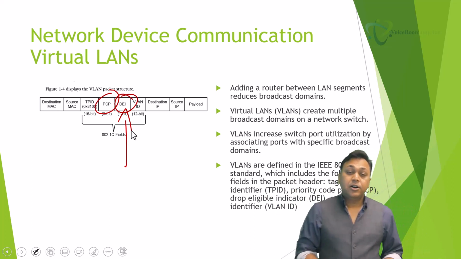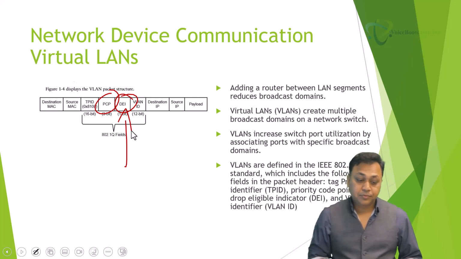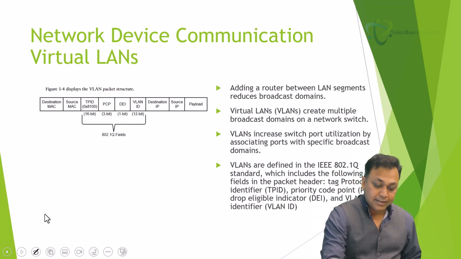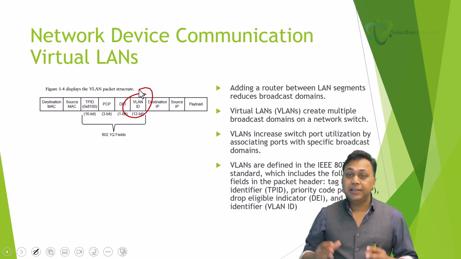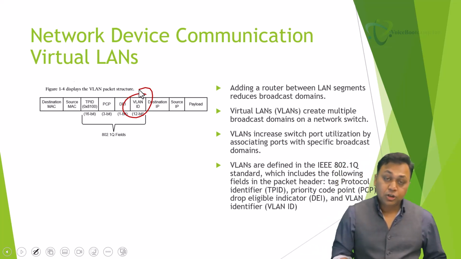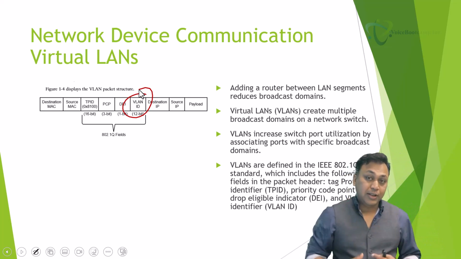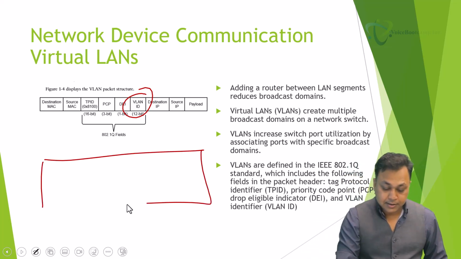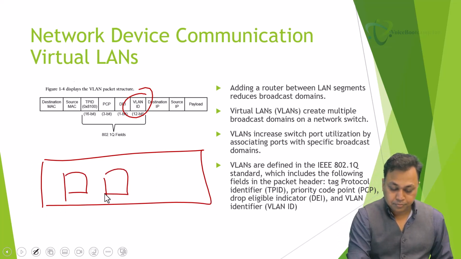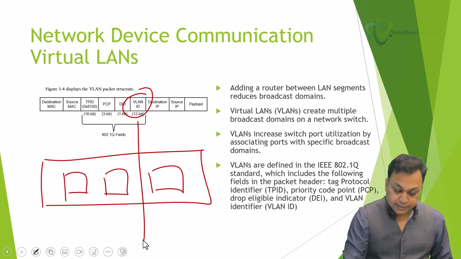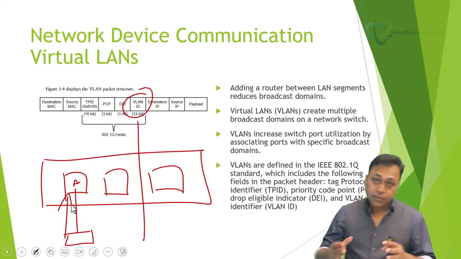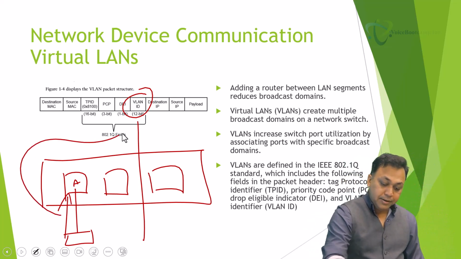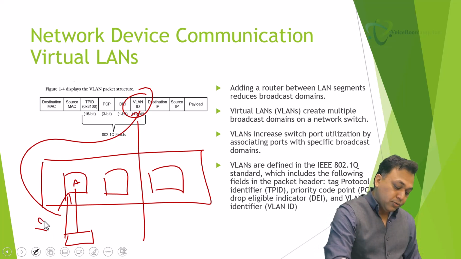The VLAN identifier has only 12 bits. The last field is called the VLAN identifier, or VLAN ID. It's a 12-bit field that specifies the VLAN associated with that packet. So if I am sending a packet to the network, and my computer is connected to port A, I set the VLAN ID to 12.